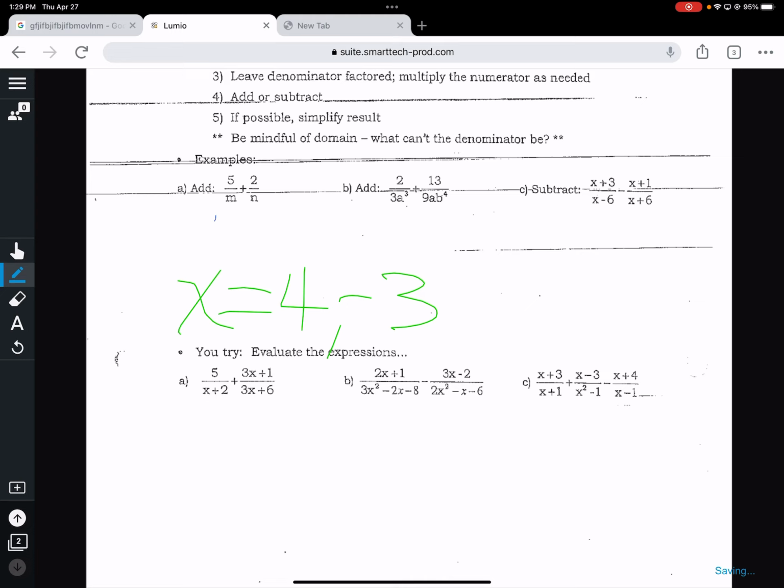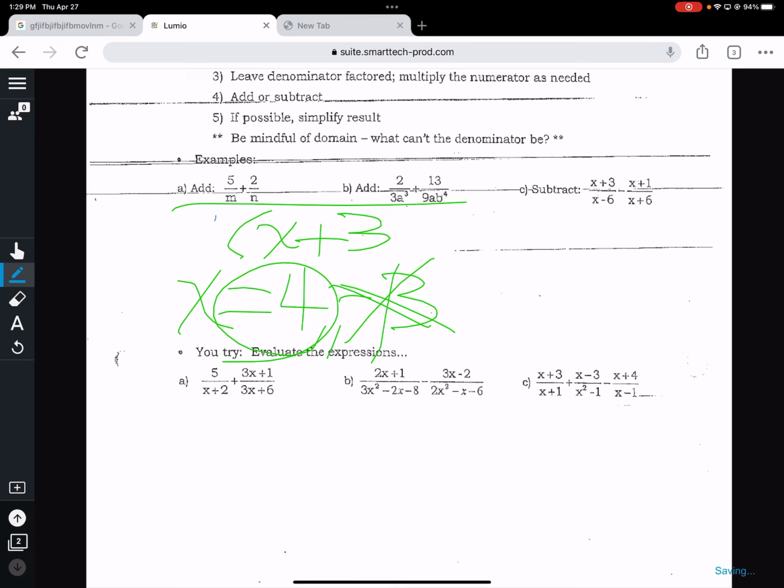But you look back at your denominator, and you have a denominator of x plus 3. What can the denominator not be? -3. Therefore, your answer would only be 4, because the -3 would make the denominator 0. So just be careful there. All right.